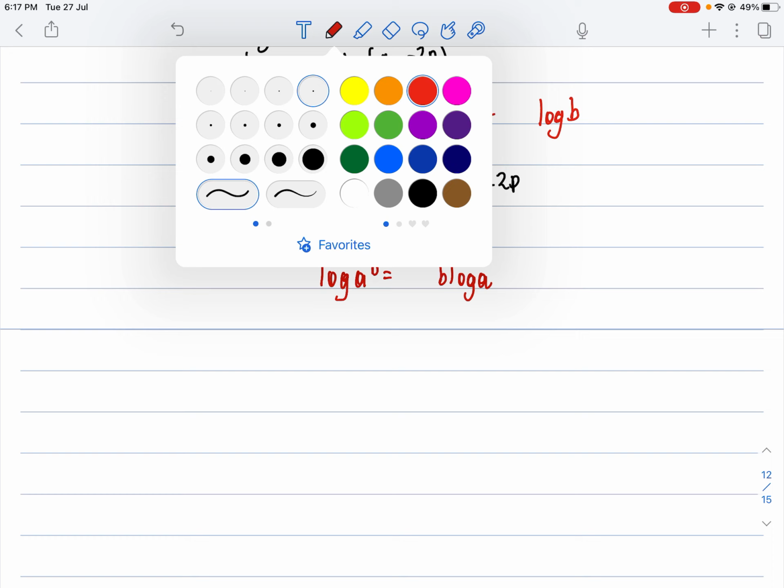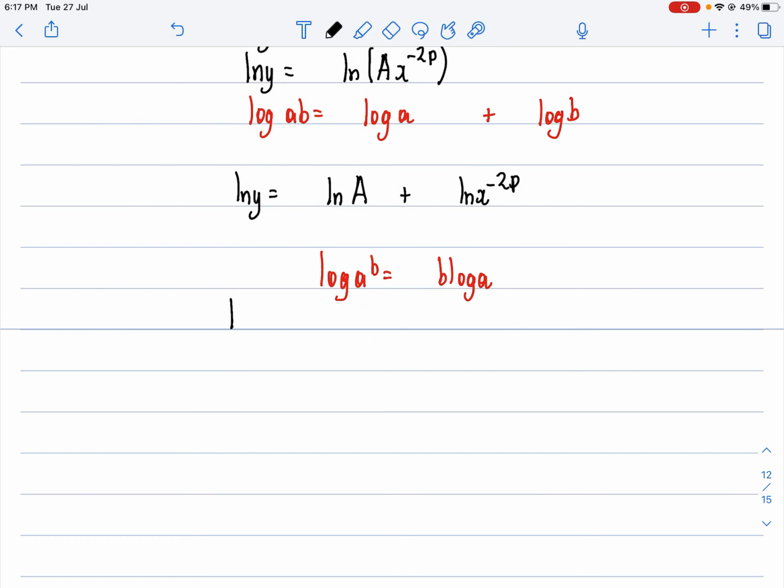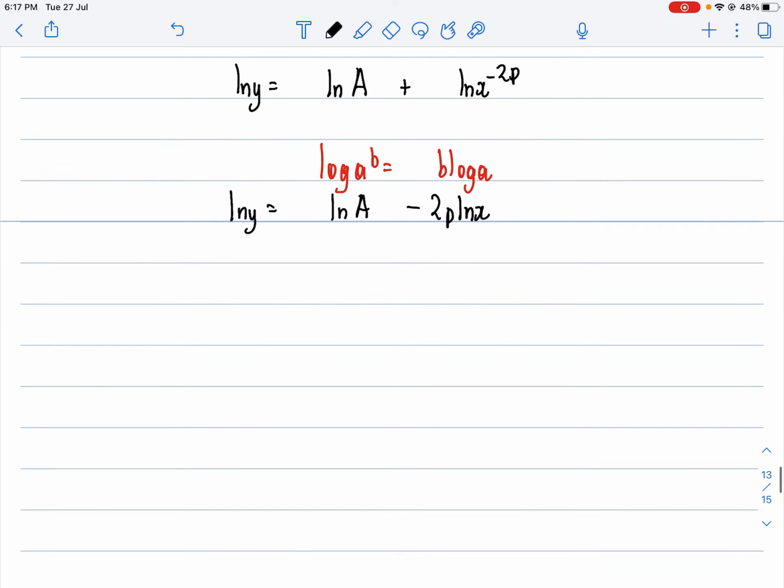So I can simply write this as ln y, which is equal to ln a minus 2p ln x. So I can write this as ln a minus 2 ln x p, which is equal to ln y. Correct? This is what I have simply.